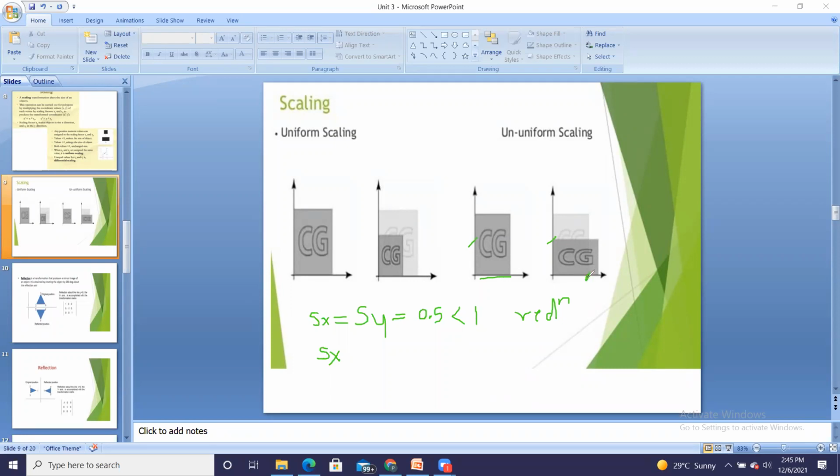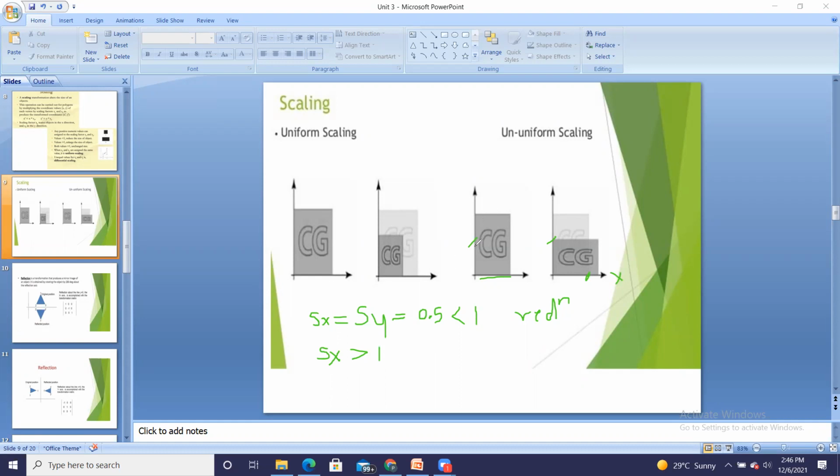So the earlier is up to this particular point, and the new is more. That means here the Sx value is greater than 1 because of expansion. The size has increased along the x-axis. The original size is this. It is increased along the x-axis, and that's why the Sx value is greater than 1.